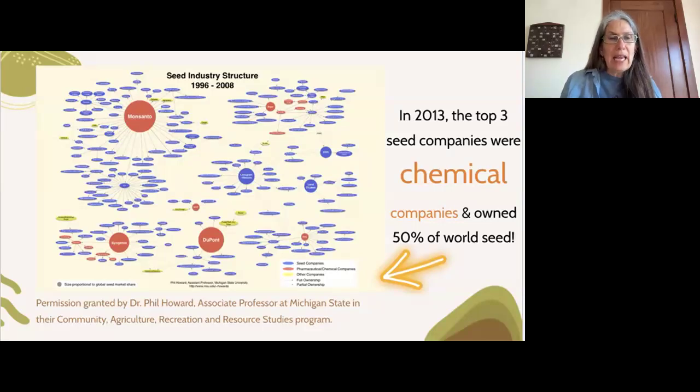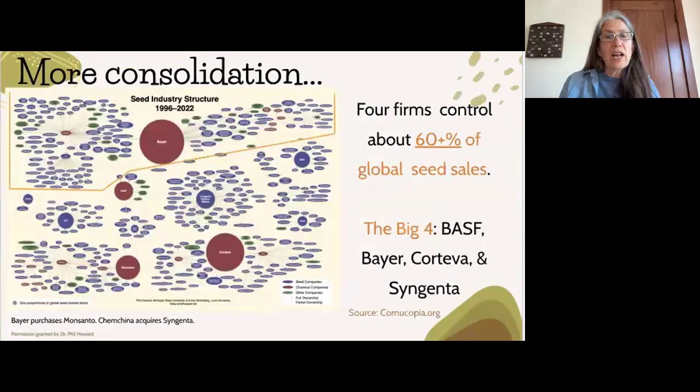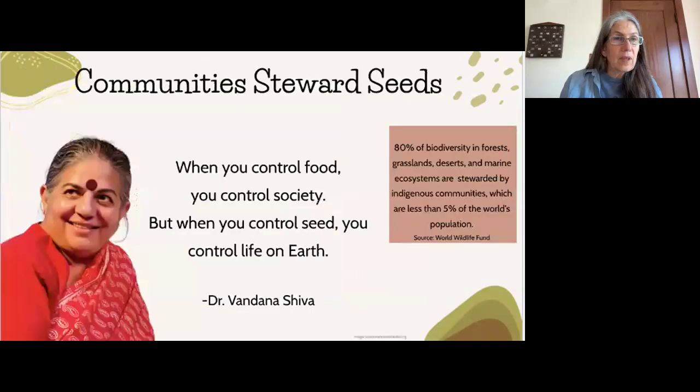Dr. Howard went back in and he revised this recently. And so his more recent version of this, which was updated in 2022, shows there are now four firms that control about 60% of the global seed sales. Some of you may be aware of the work of Dr. Vandana Shiva, and she's a leading seed sovereignty advocate and the winner of the Right Livelihood Award.